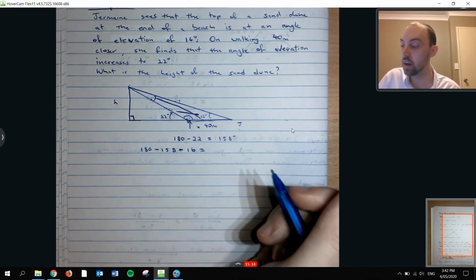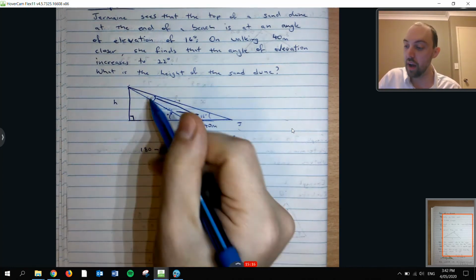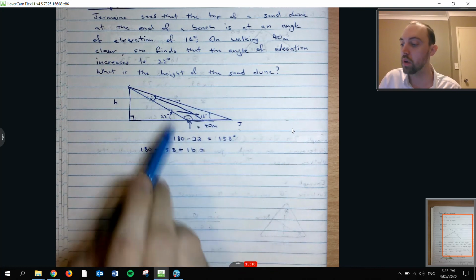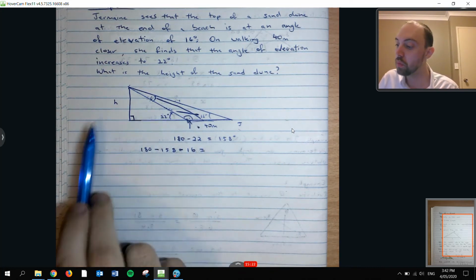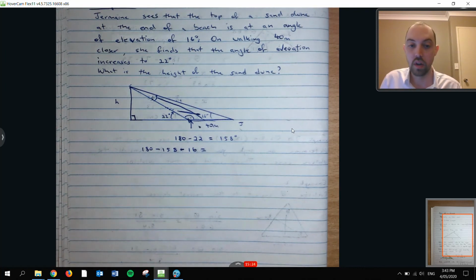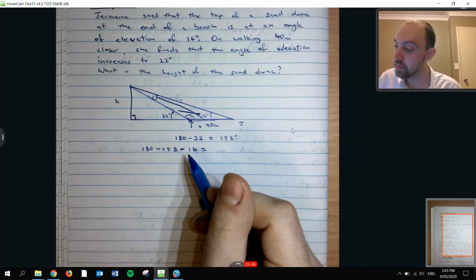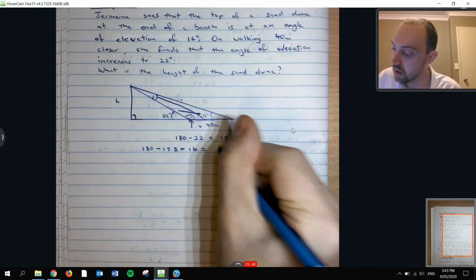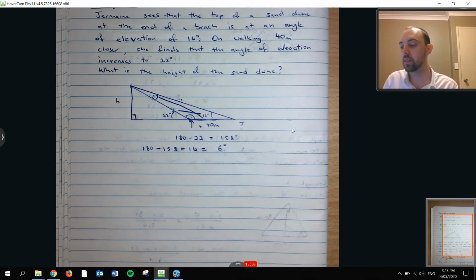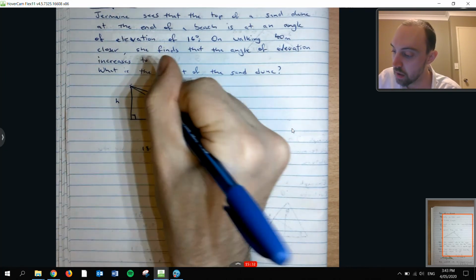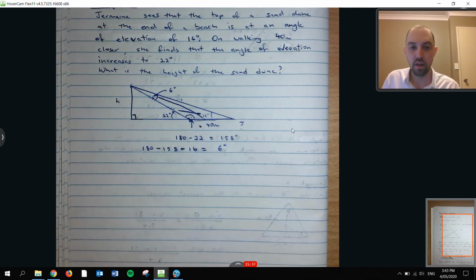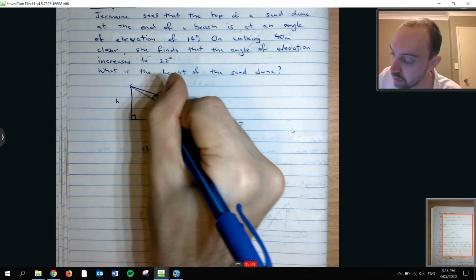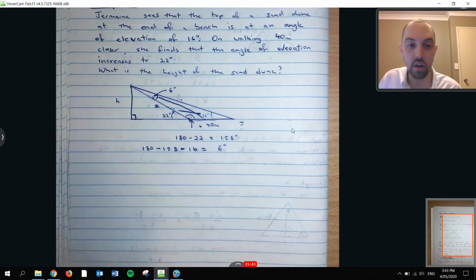Angles in a triangle will give us that other angle up here, which is the important one because it's opposite the only side of length that we know within this triangle. Should be 6 degrees. So this angle up here, 6 degrees. Diagram's looking a little bit busy. It's unfortunate, but we'll carry on.